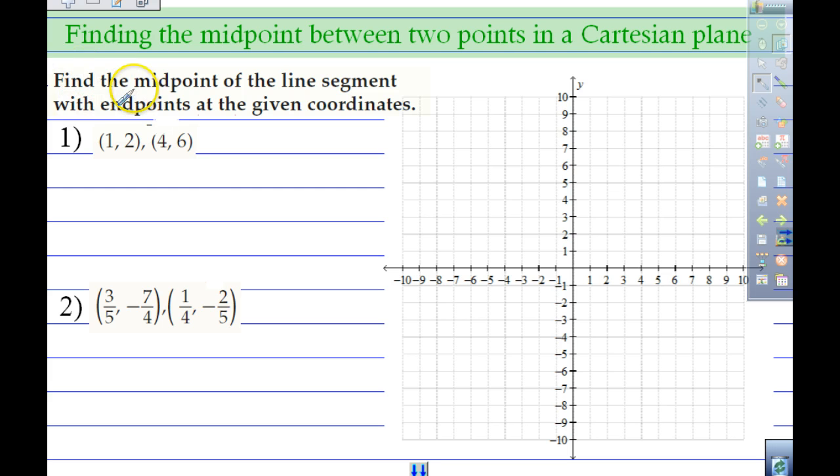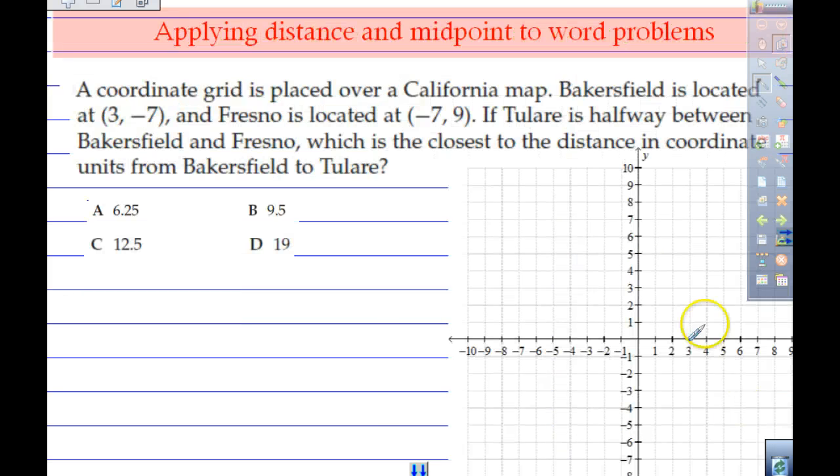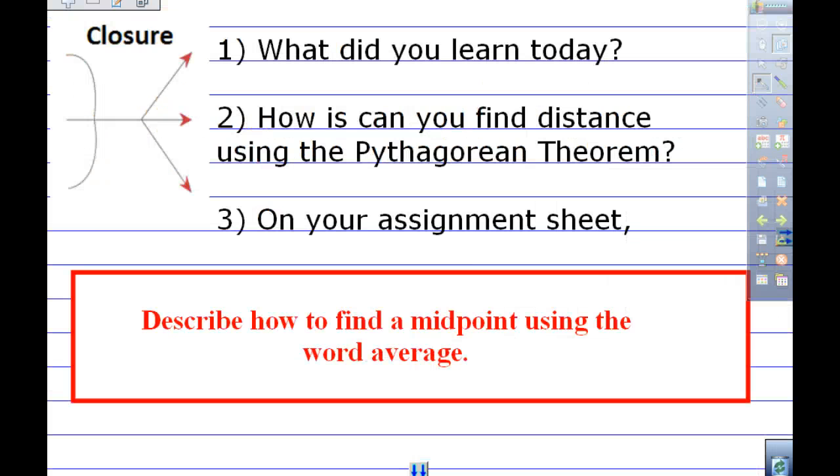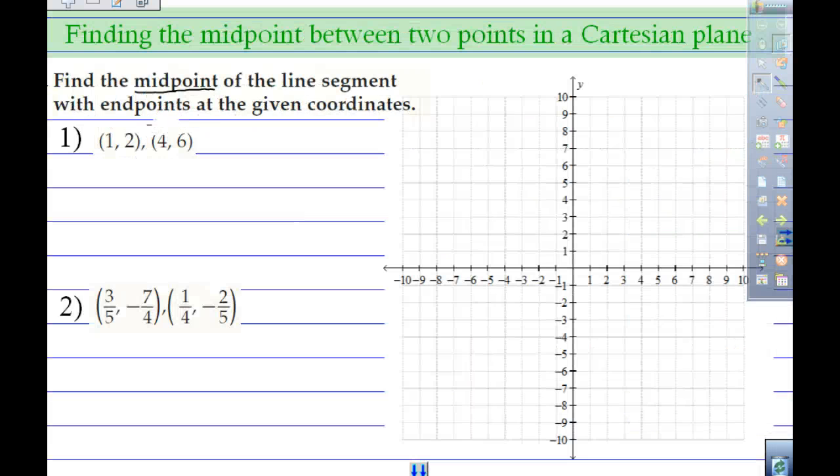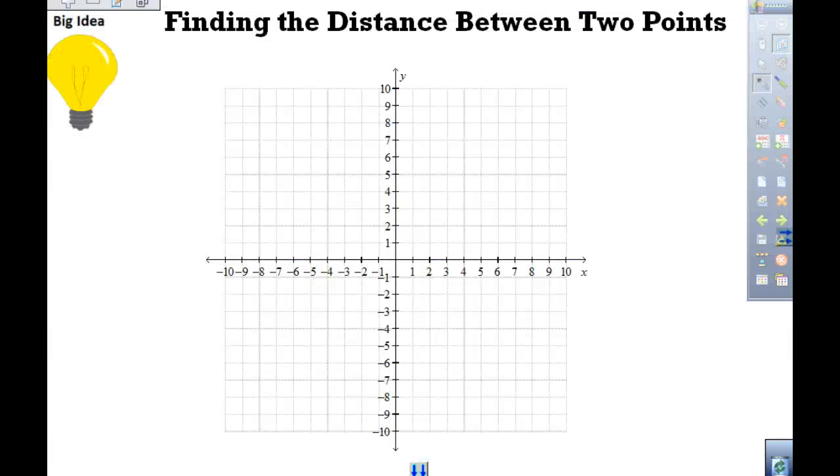We're also going to be finding the midpoint. So 2 formulas, we're just going to be practicing finding the distance and finding the midpoint. If we throw a word problem at you, it's not going to make it harder or easier. Just know if you're trying to find the distance or a midpoint. And that's about it. So let's do some practice.